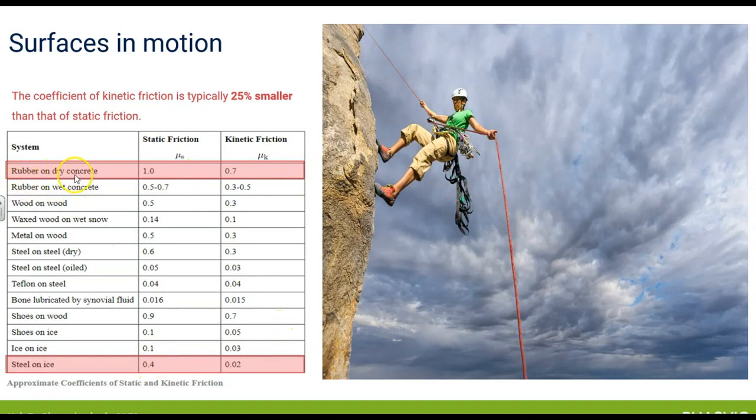So rubber and dry concrete, so road running with trainers on the concrete, the static friction coefficient is higher and the kinetic friction value is lower. Steel and ice, so that's our ice skating one, the static friction value is higher, the kinetic friction value is a lot lower, just to make the point.